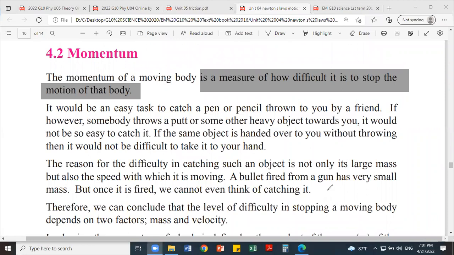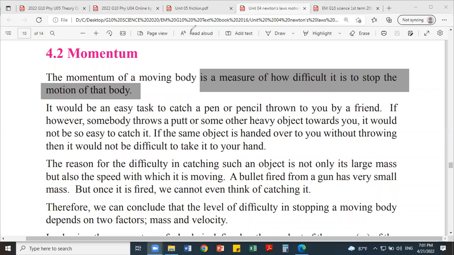Due to its high velocity or due to its greater mass? It is not that heavy, right? Not like a huge rock or a landslide. It's low in mass. It's not heavy, but it's difficult, because it can pass through your body due to its velocity.